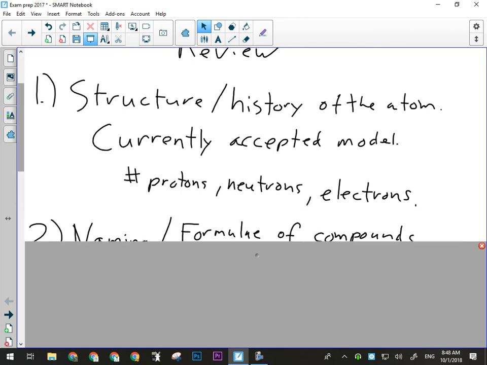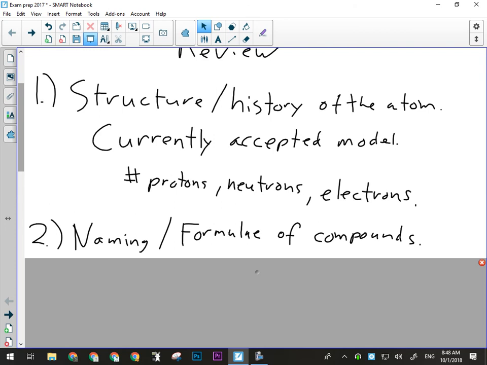The second thing we did was naming and formulae of compounds. While there's, yes, a couple of multiple choice questions about, what's the formula for copper 2 oxide or something like that, there could be some multiple choice that's just about naming or just about formulas. The main reason naming and formulas is important is you can't do reactions or the mole equation without it.